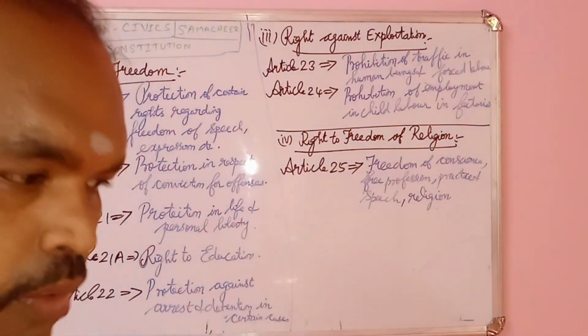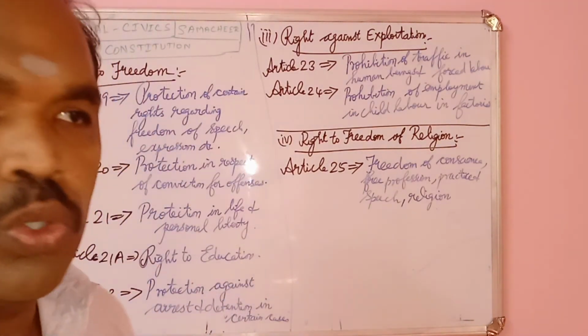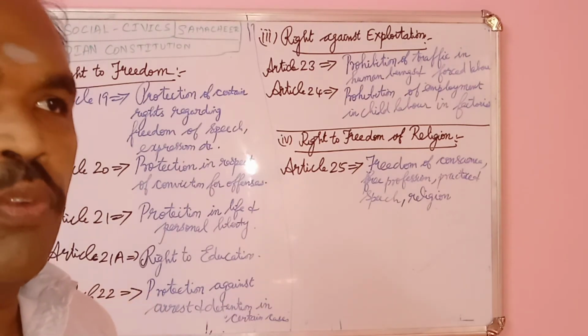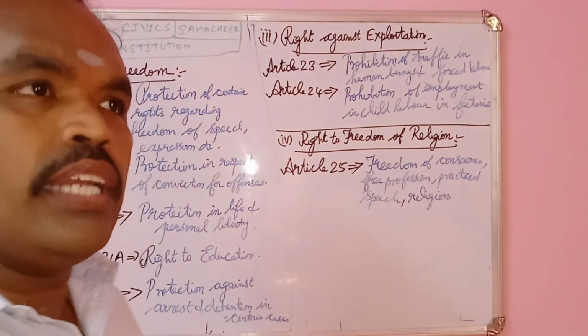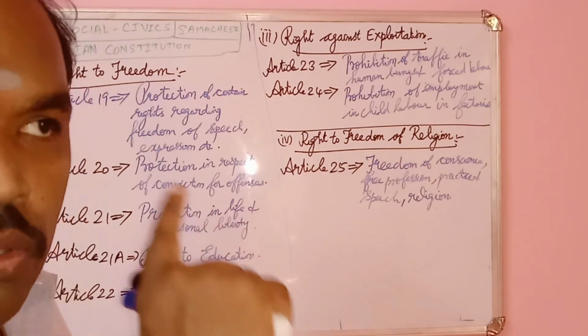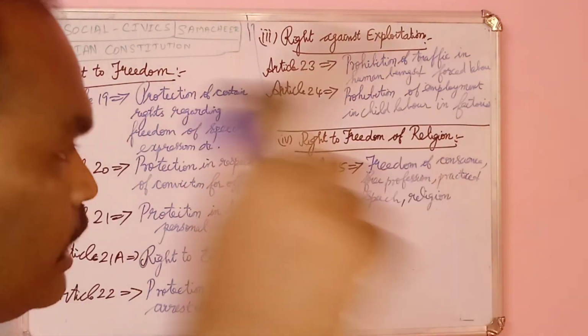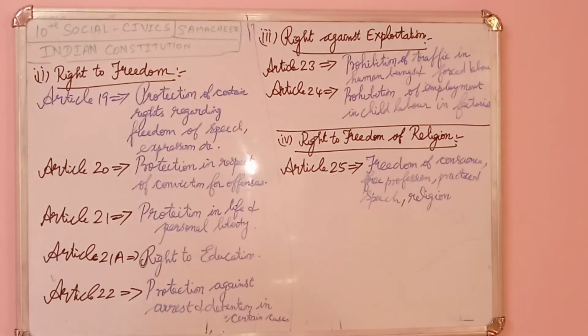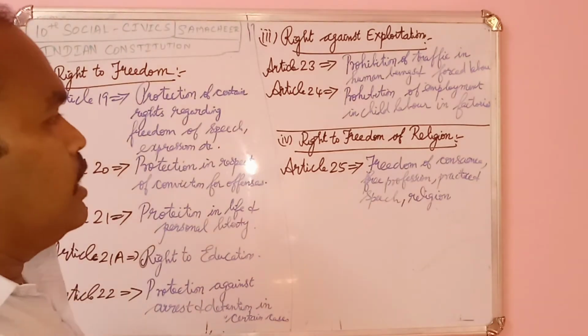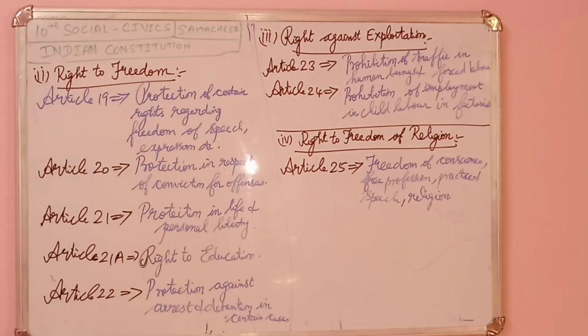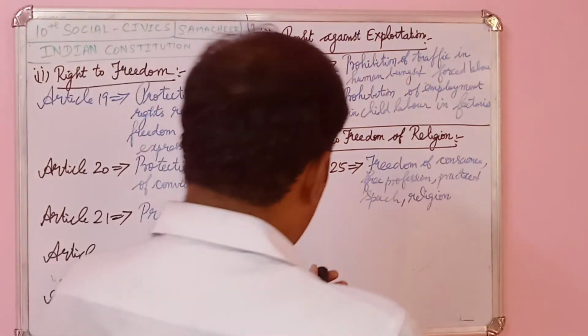For those who are interested in going to God and praying, that is their freedom. So no one should interfere in their activities or personal matters, offend them, or criticize them. This is as per Article 25.